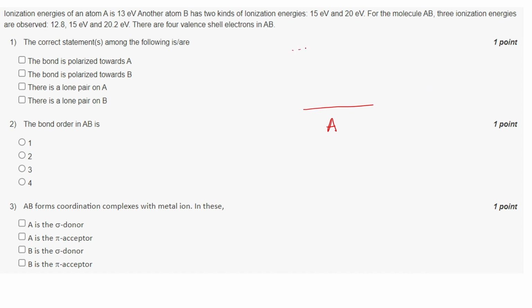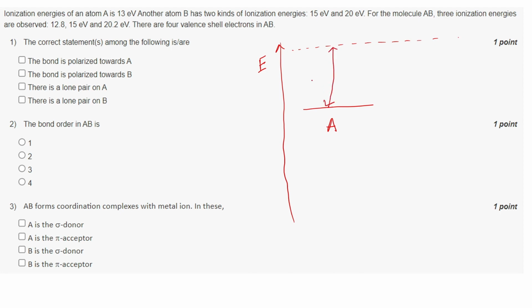So suppose this is the ionization barrier. Okay, and let me draw something which is very important, that is your energy scale. Whenever you are drawing some MO, you should mention this energy scale. Actually, I lost some of my graduation marks because of this, so I remember it very well. I should not miss this. So they are saying that the ionization energy for A is 13 electron volt.